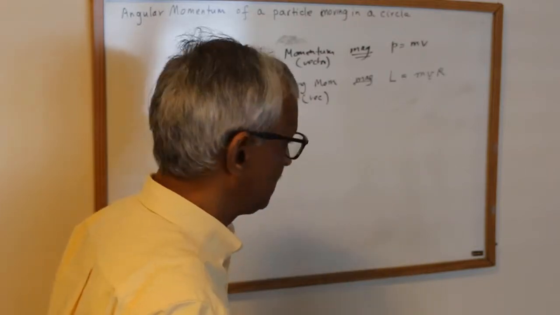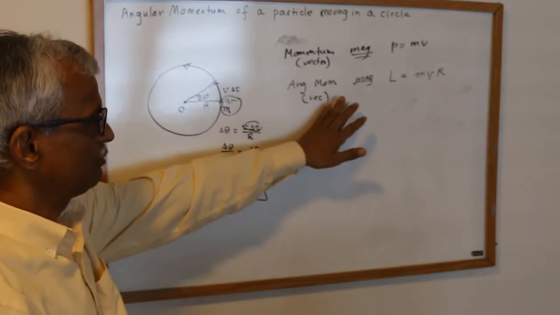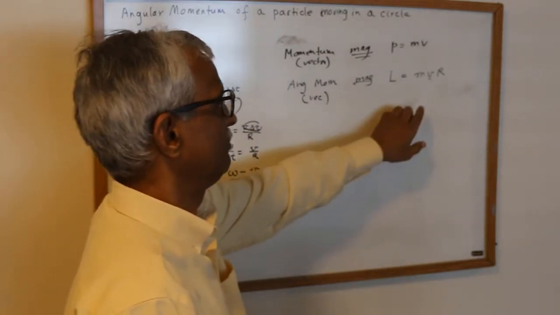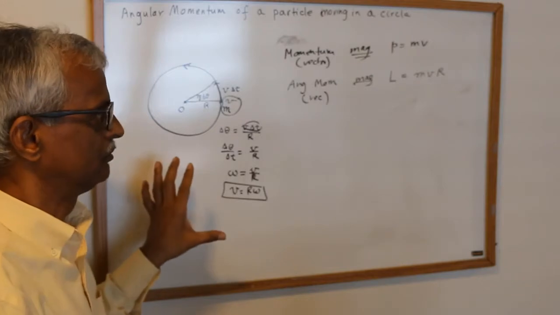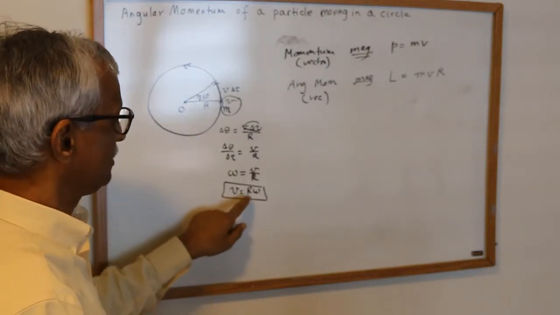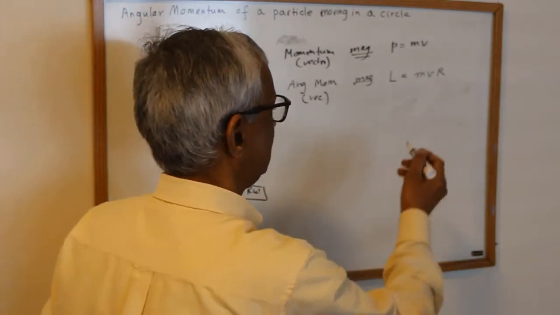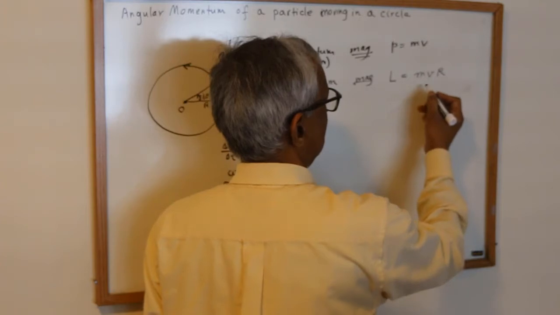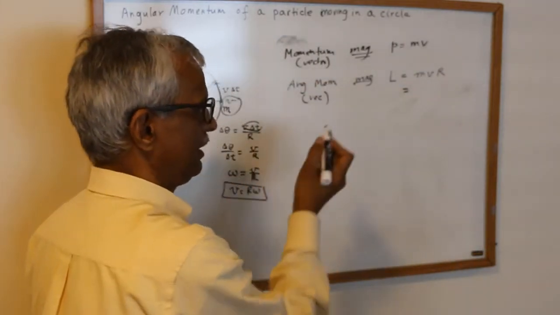So we want angular momentum. I'll just say the angular momentum magnitude is mvr for a particle in a circle. But in a circle, you know that v is also r times omega. So we can write this so that I get an angular quantity in there, right?